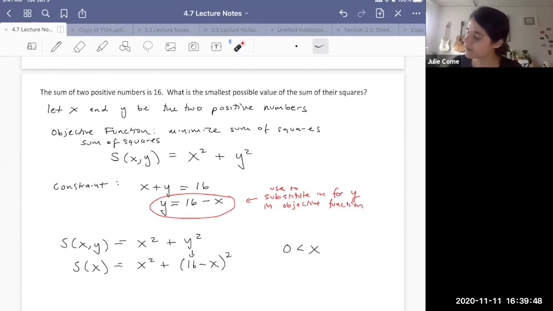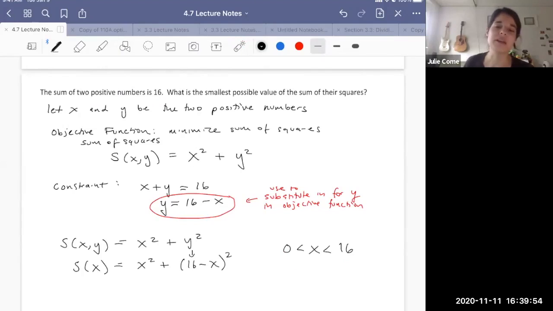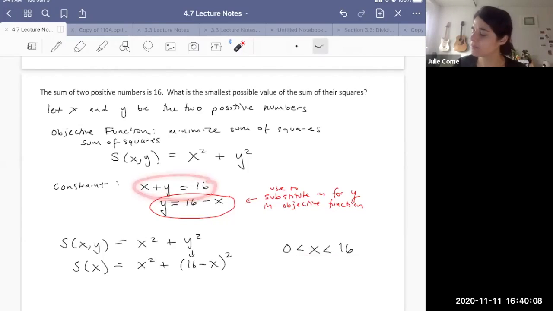So the values of x that make sense in this problem are values between 0 and 16, since those are the only positive numbers that also allow y to be positive, as they both add up to 16.